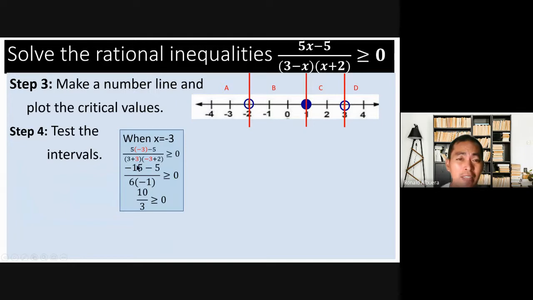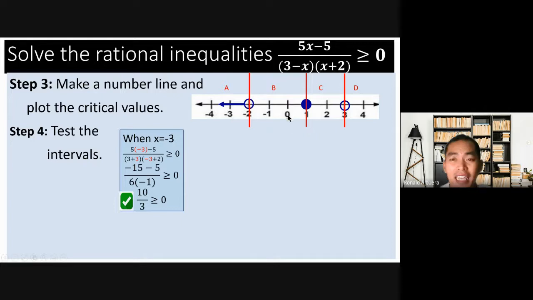When you simplify, 5 times negative 3 is negative 15 plus negative 5, the same sign so you are going to add, and that's negative 20 over 6 times negative 1 is negative 6. So negative 20 over negative 6 is positive 10 over 3. Is that greater than or equal to 0? Yes. It means that this interval A is part of the solution.